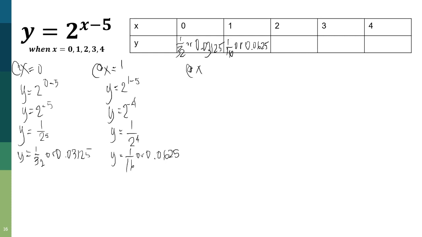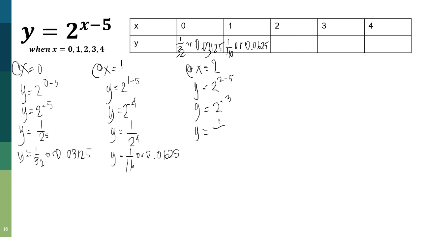At x is equal to 2, y is equal to 2 raised to 2 minus 5. And that is y is equal to 2 raised to negative 3. Again, we will put it in fraction form.